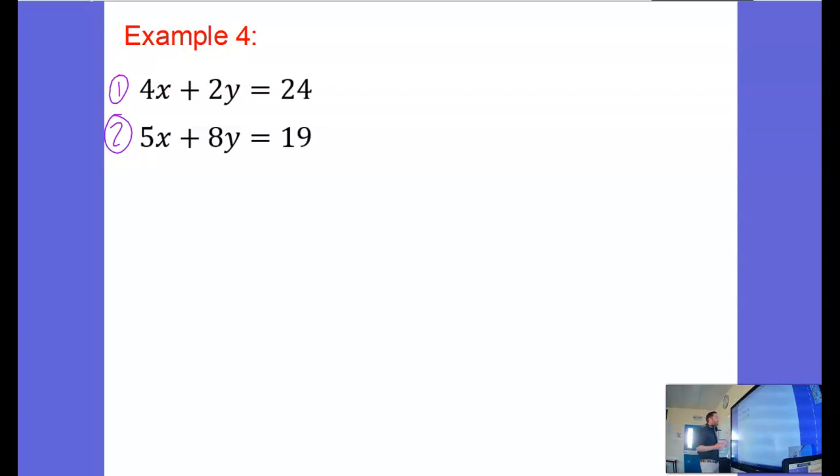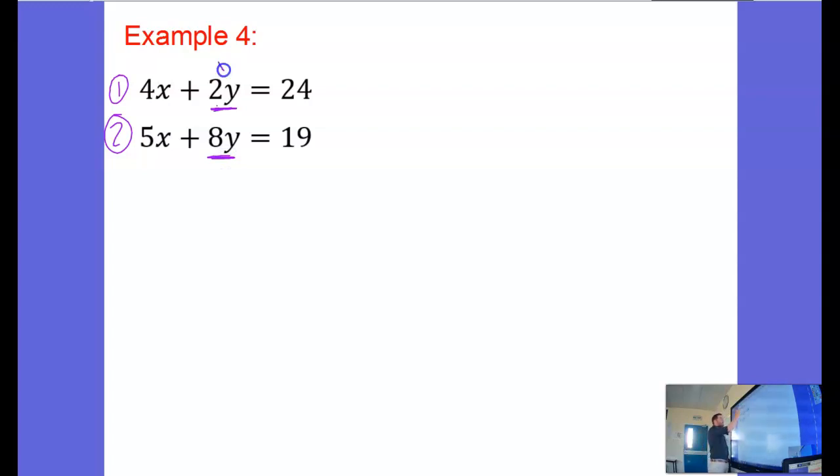So I need to manipulate one of these using good maths so that I can then take one away from the other to eliminate a variable. So what I'm going to do is take this top equation and get the same number of y's in the top equation as in the bottom. You can do it with the x's or the y's.